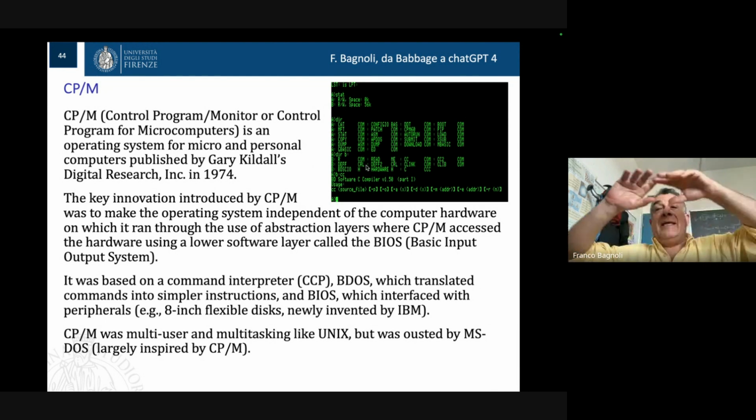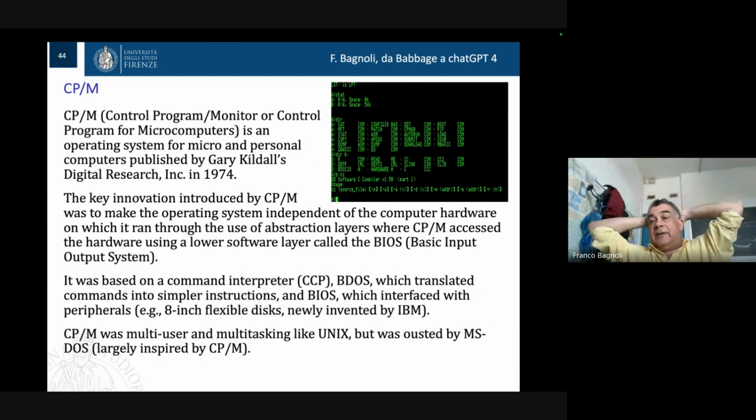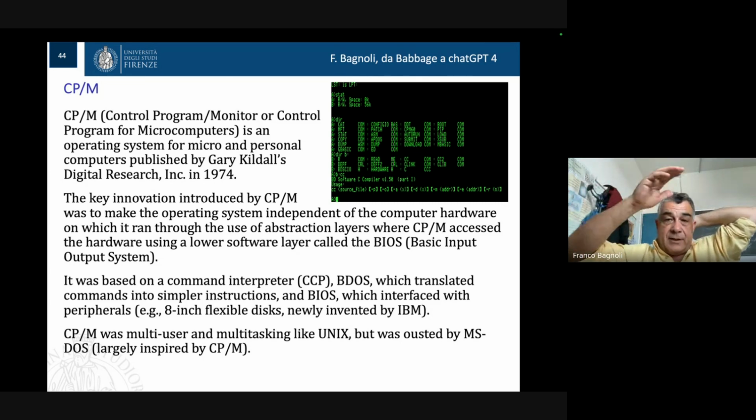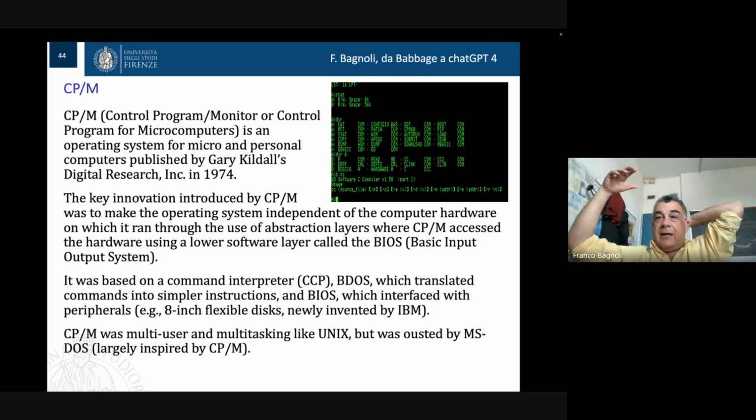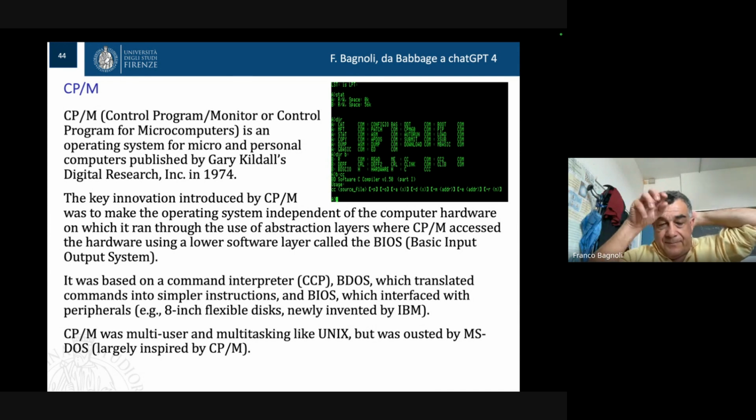Clearly each vendor of keyboards, screens, and disks had its own protocol in order to move, I don't know, the reading head of the disk to a certain position and so on.